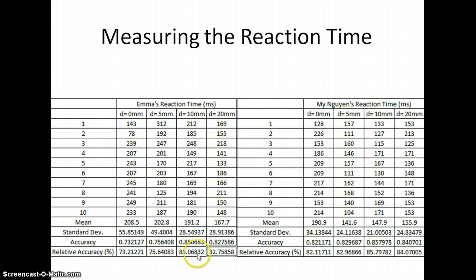And then to improve the data more, I use D equal 10 millimeter and D equal 20 millimeter.